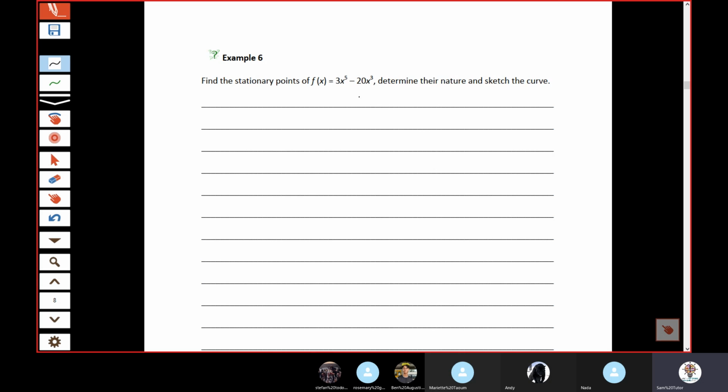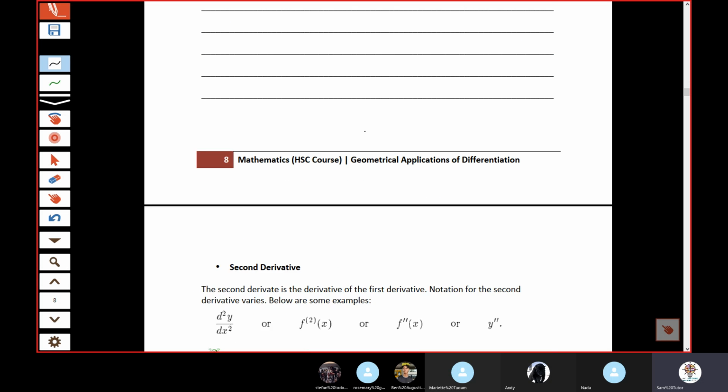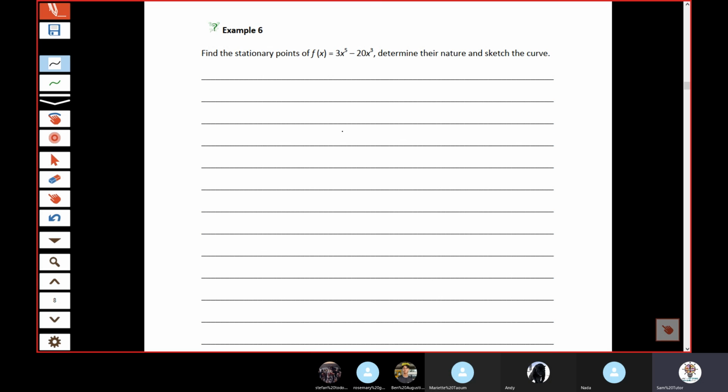And here it is again. Let me just see. Yeah, why not? Do it. Good practice. I'll pause. Go. So, y dash, y double dash, stationary points, nature, whichever method you like.